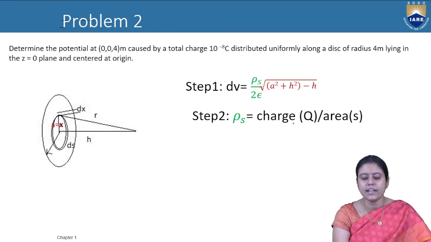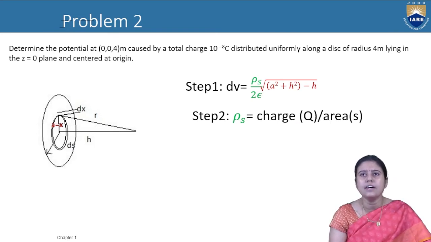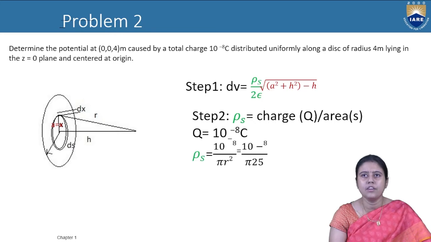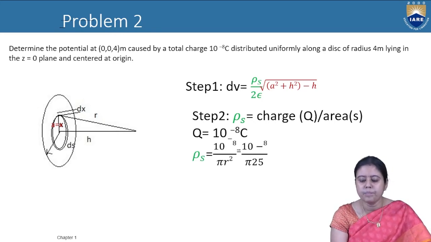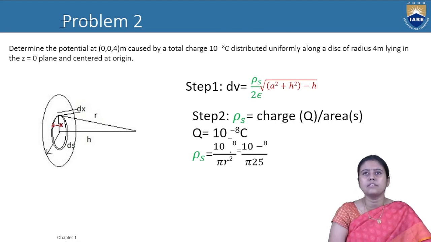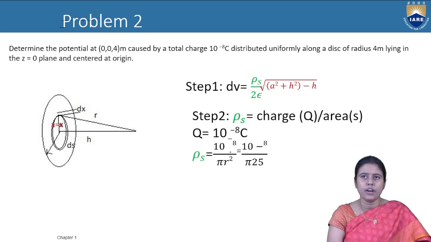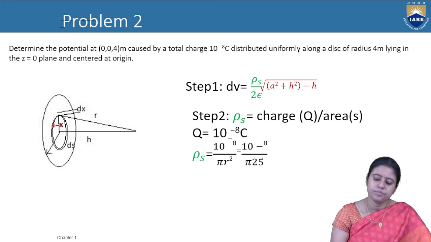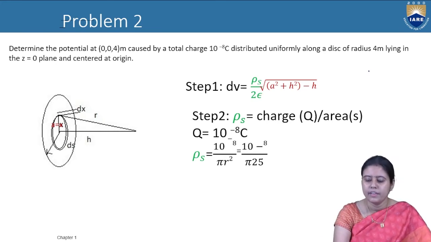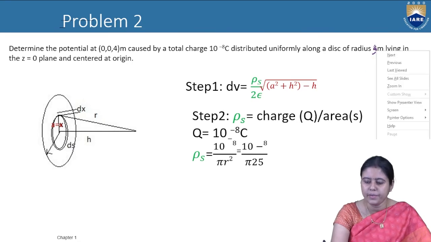The charge is given here as Q. And what is the cross-sectional area? This is a circle, so the area is pi r square. How to calculate the pi r square value? Here it is given, sorry, as 5 meter.